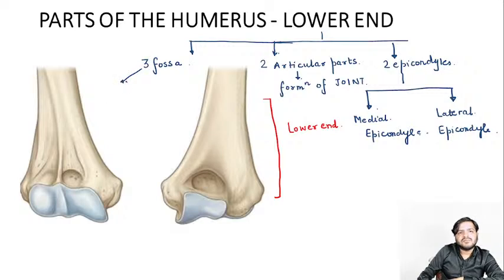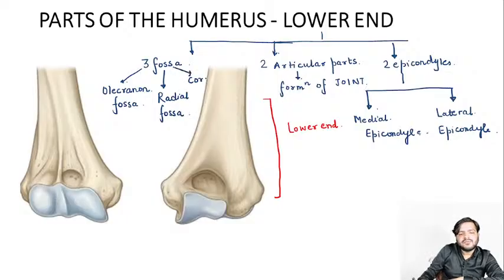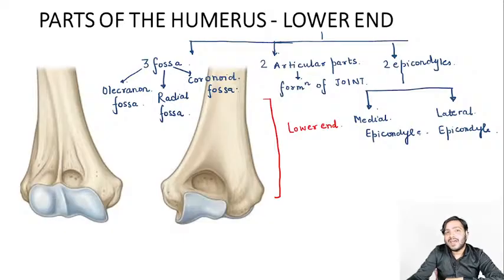And the names of the three fossas are olecranon fossa, we have the radial fossa, and along with that we have the coronoid fossa. हमने एक टर्म पढ़ा था कोरोनॉइड ट्यूबरकल. आई वांट टू नो वेयर इट इज प्रेजेंट, एग्जैक्ट लोकेशन, एंड यहाँ पर कोई अटैचमेंट है या नहीं ये भी बताओ फटाफट से.